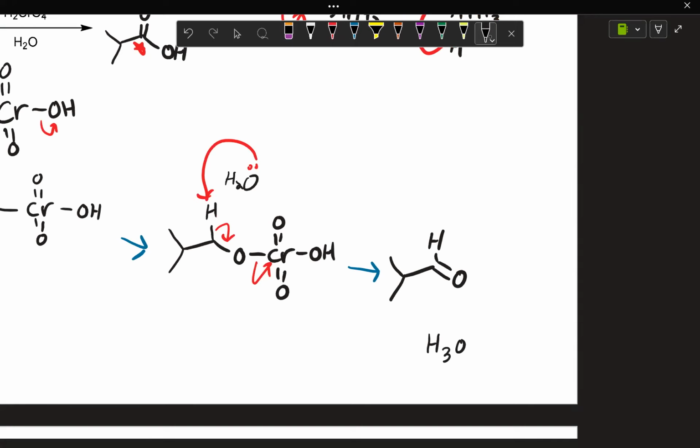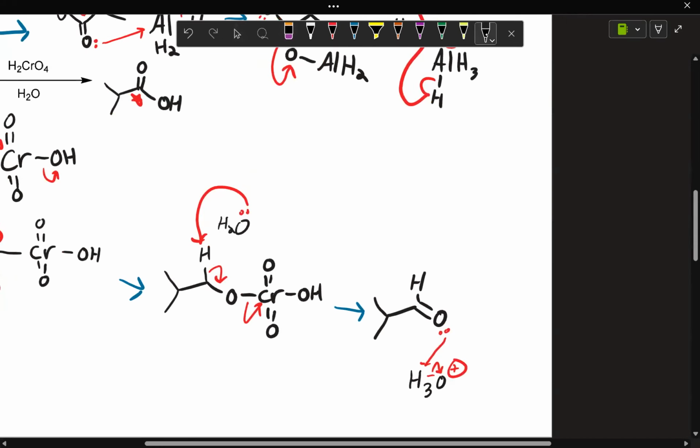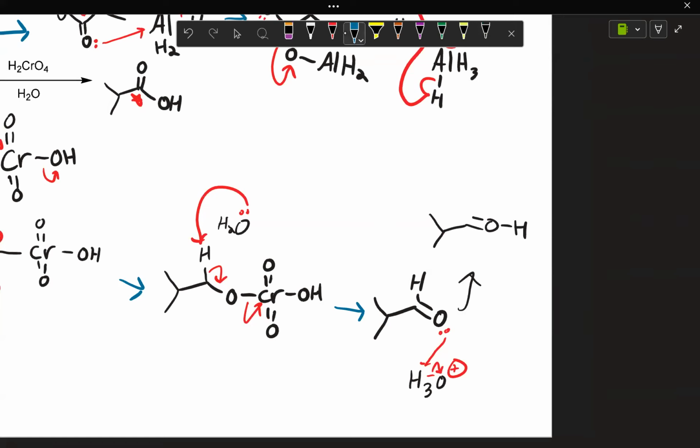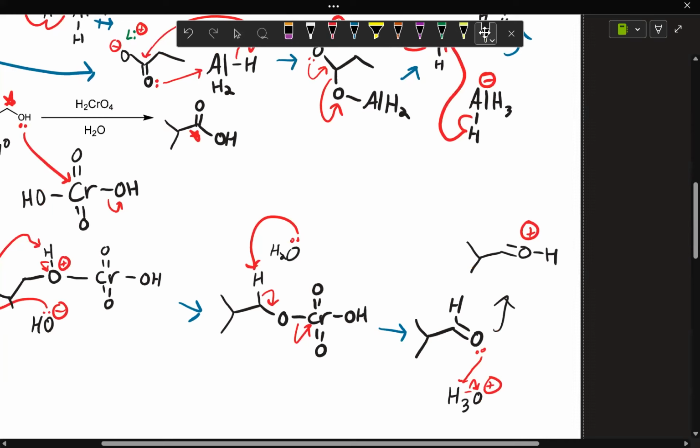So we'll just take H3O plus and protonate it. And now we have a better electrophile, which allows water to come in and attack.